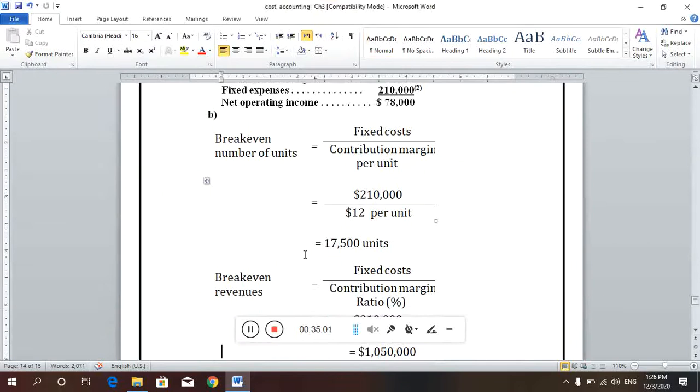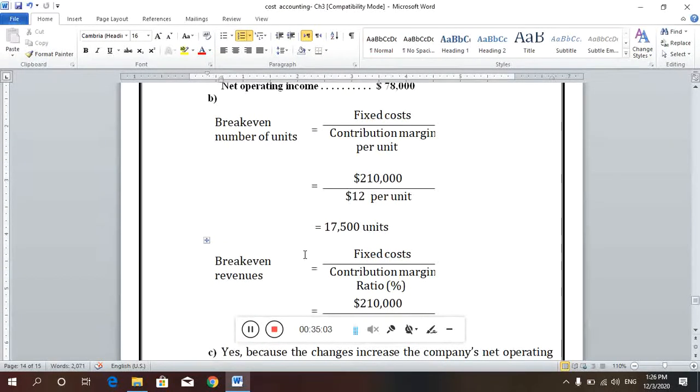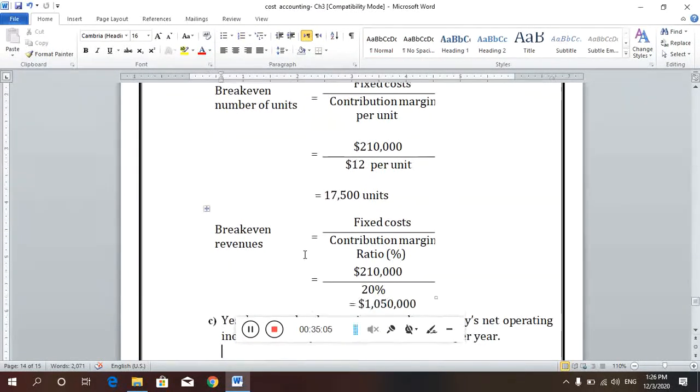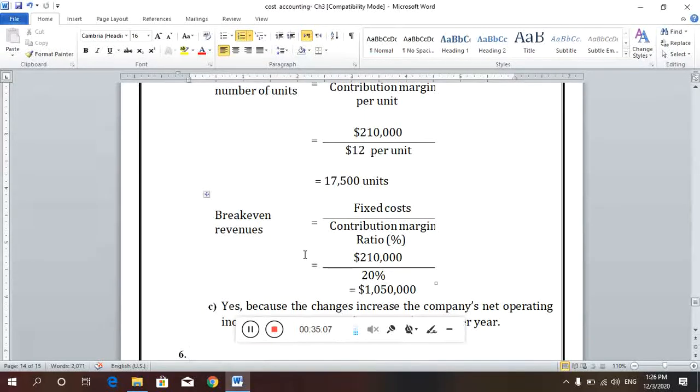Break-even point in dollars equals fixed costs divided by the contribution margin ratio, which is $1,050,000.